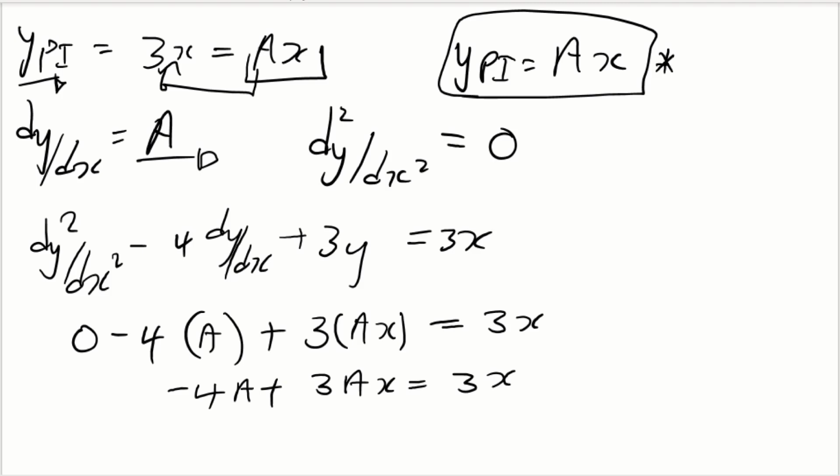Okay, so as you can see, guys, the aim is to get a. So we need to find a so that we can substitute this a back into our original equation for PI.